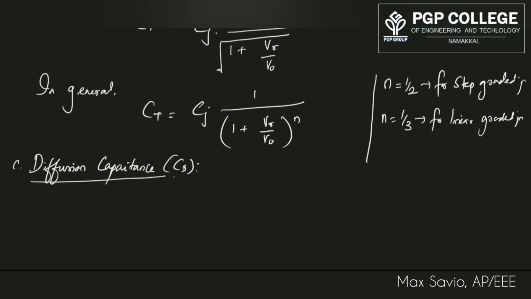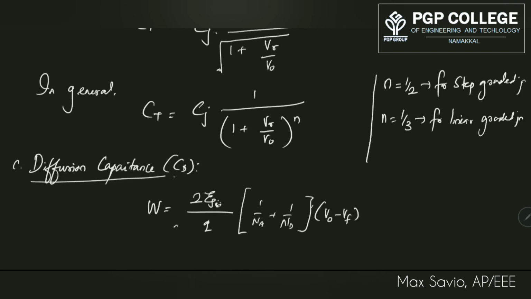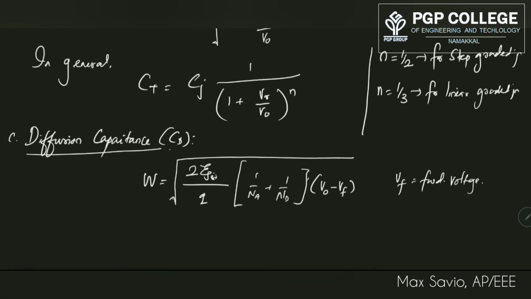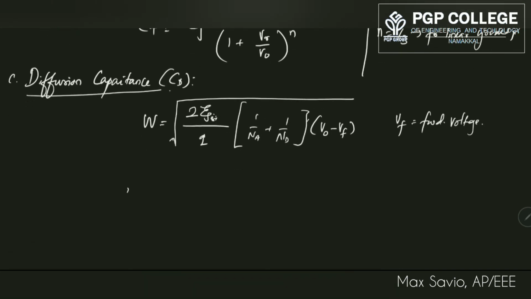So the width of the depletion layer, from the general expression, is 2 epsilon Si divided by Q times 1 divided by Na plus 1 divided by Nd, into V0 minus Vf, because here the width is going to decrease. That's why I am subtracting the forward voltage, where Vf is the forward voltage, from the junction potential.